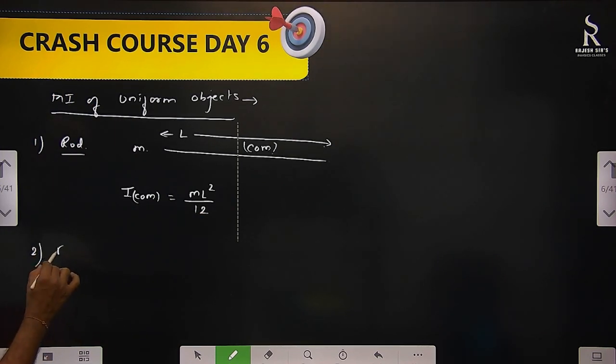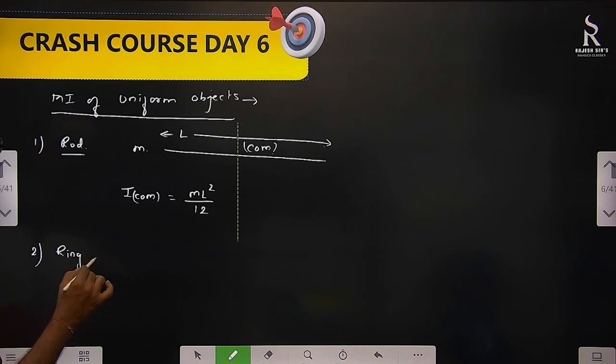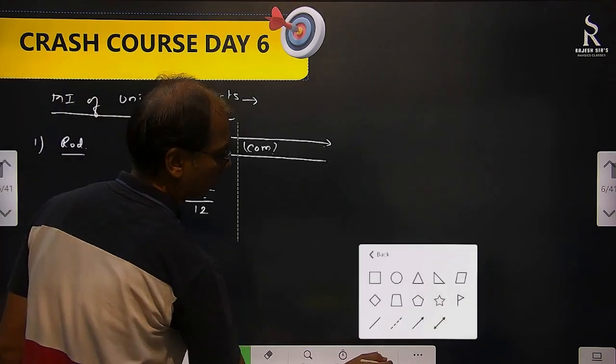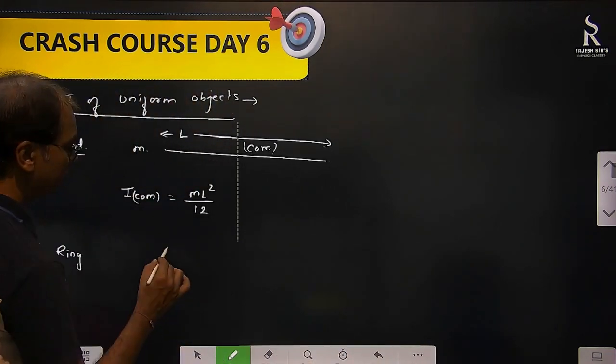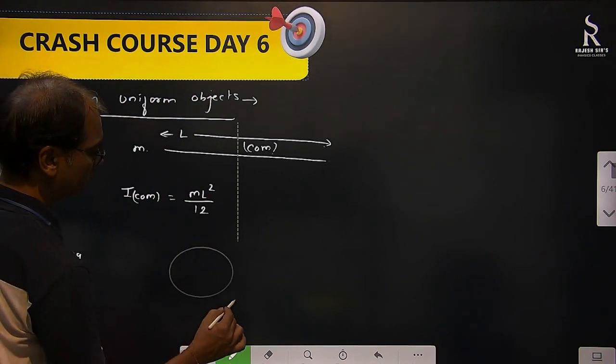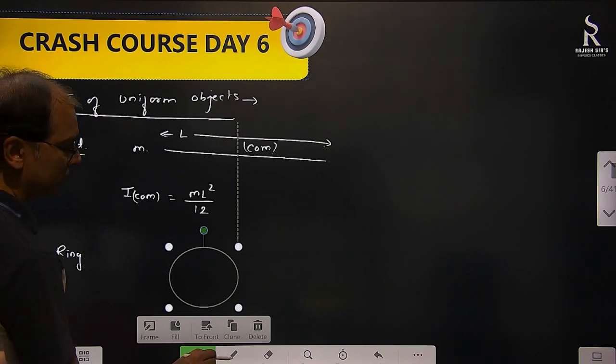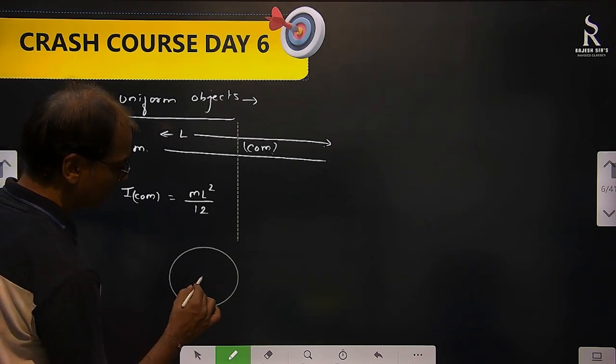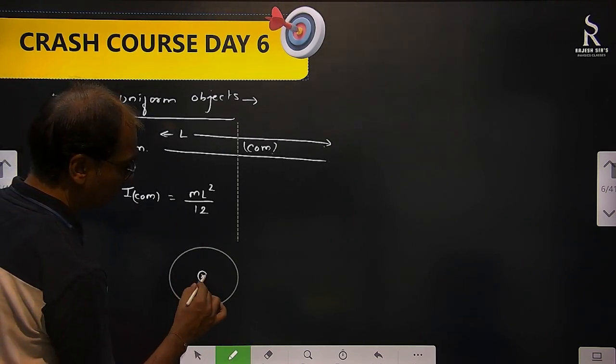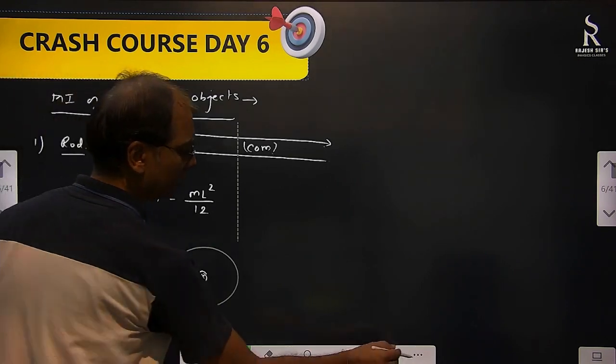ring. Ring. Now in ring, about which axis? This is ring. Okay, about which axis are we saying? An axis which is passing through its center and is perpendicular to the plane. Means like this.